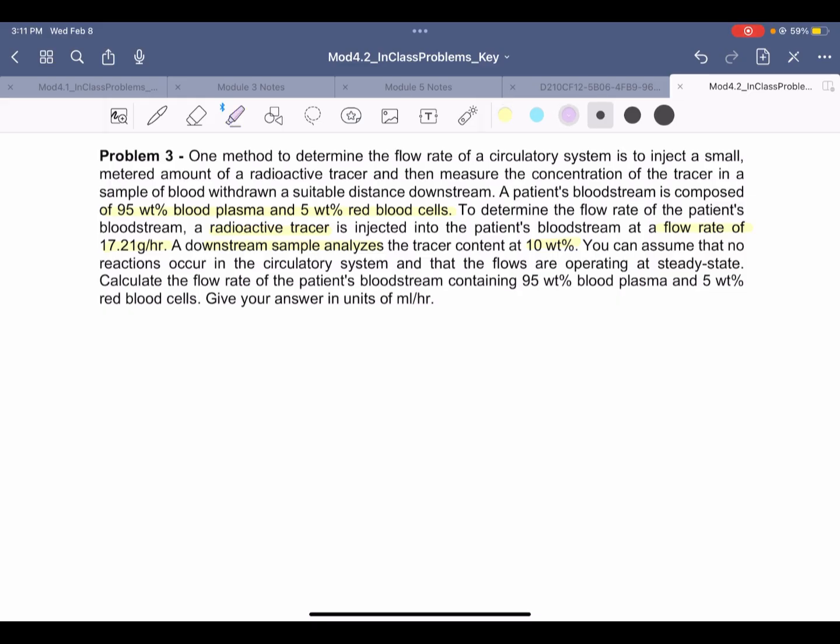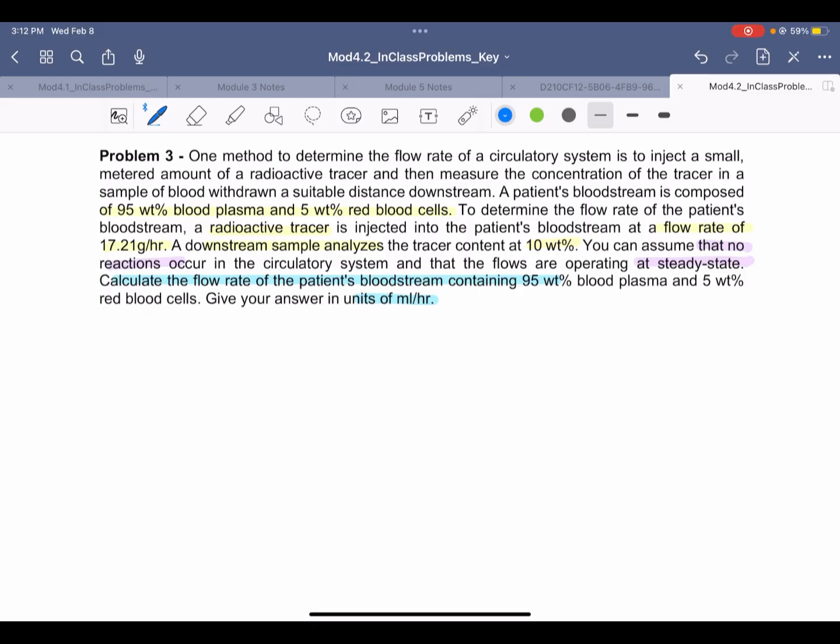Then we also know the assumptions, so in purple, I'm going to highlight those: no reactions, which is great, and then steady state. And in blue, I'm going to highlight what we're asked to calculate. We're asked to calculate the flow rate in that original stream, and to please give that in units of milliliters per hour.